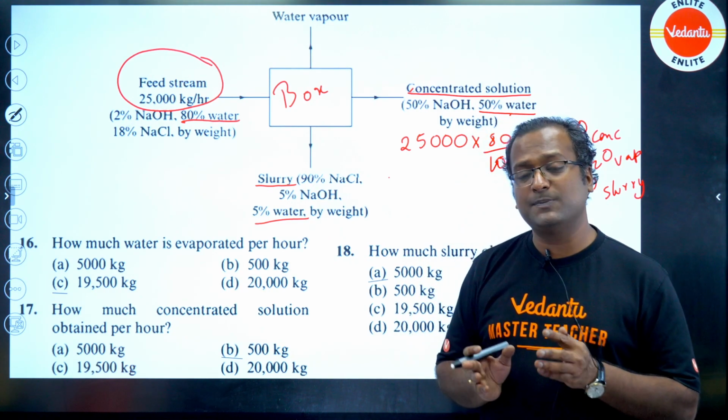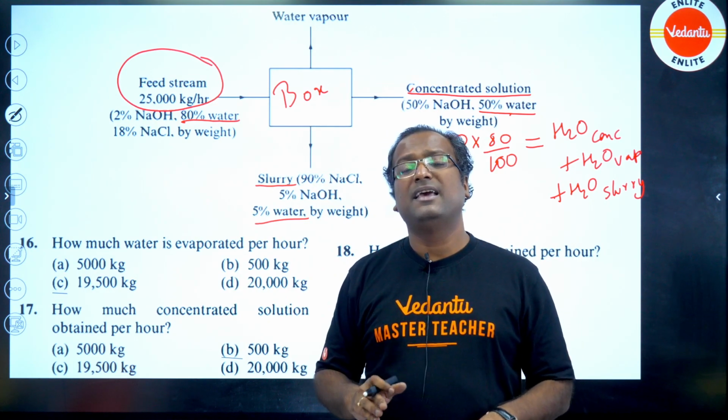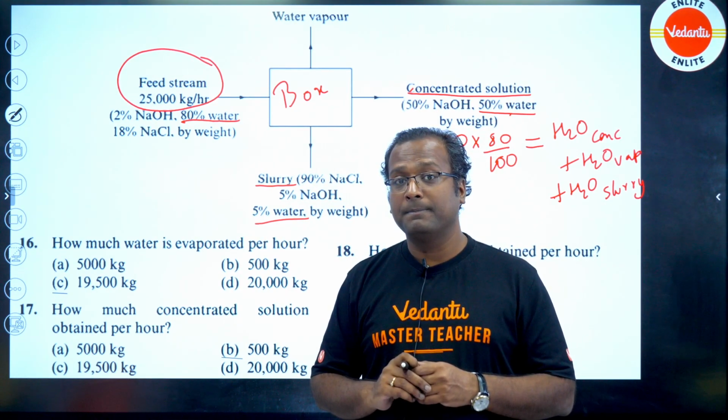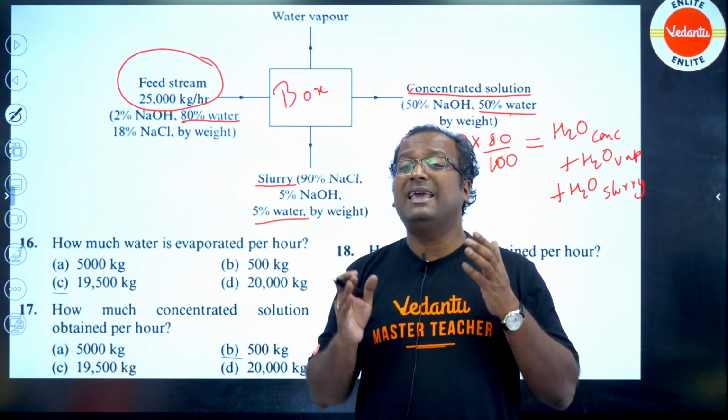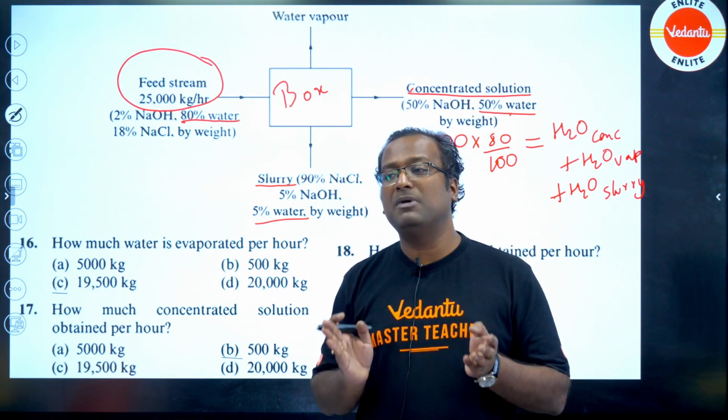Starting a mass balance equation on a component which is present in multiple streams is a grave mistake, and is going to cost you a lot of time in the exam. What you should start off with is a component which is present in the minimum number of streams.